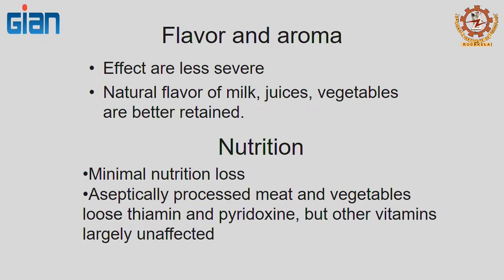And flavor: the product is much more flavorful, for example in juices, milk, vegetable soups, you retain the natural flavor and have less nutrition loss. Remember, you are doing high temperature short time, so that means it is going to better retain the nutrients, and most of the vitamins and other things remain unaffected.